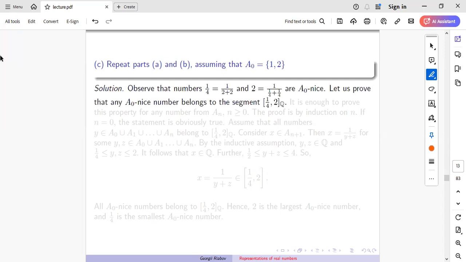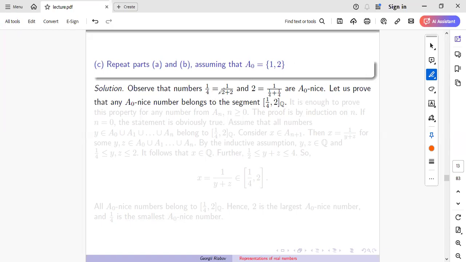Here, the approach is similar in the sense that if we take the largest possible A0 nice number, which is 2, and consider 1 over 4, which is also A0 nice, then probably 1 over 4 will be the smallest.